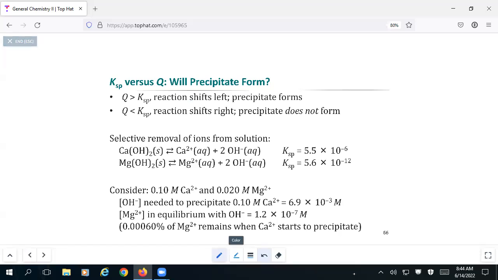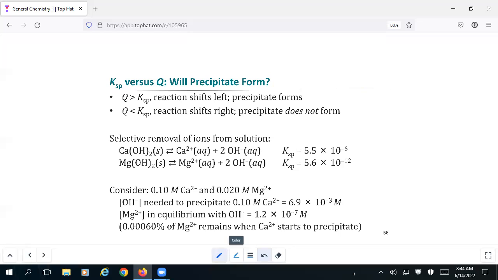Now, another thing that is related to a lot that we've been talking about is this idea of Q versus K. Now, we haven't really explored Q since chapter 14, when we were looking at, okay, I've got this system that is reversible. Is it at equilibrium?